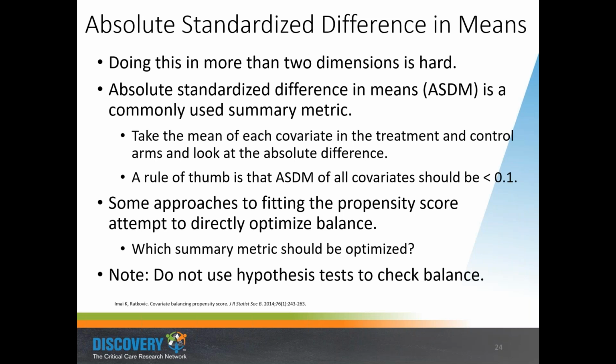One thing that you should not do, which is a common error that I feel like I should note, is don't use hypothesis tests to check the balance. Some people will say, here's my age in the treated, my age in the untreated, why don't I just do a t-test and see if those are statistically the same or different? Well, the problem is that you're doing that potentially with many different propensity score models or many different matched samples, and you're going to find the one that gives you the highest p-value, not the lowest p-value.